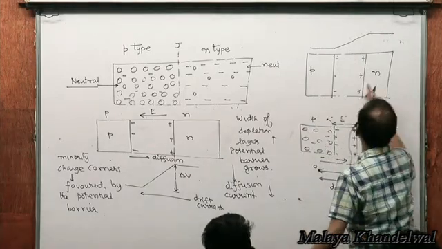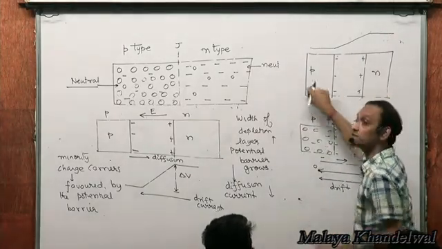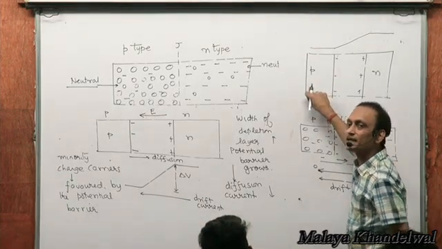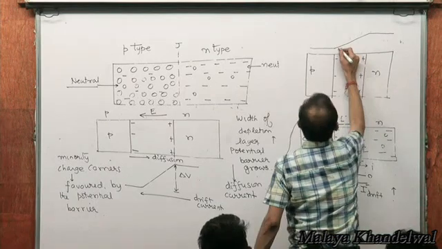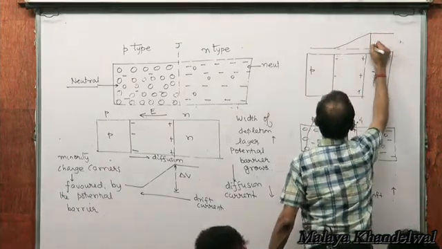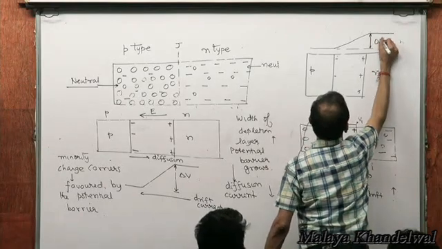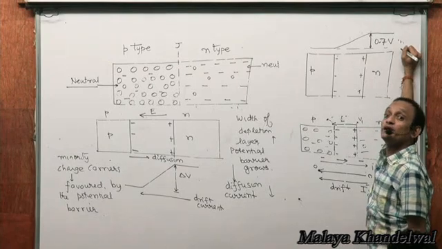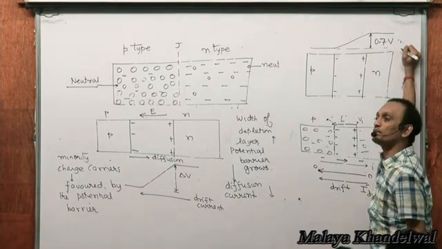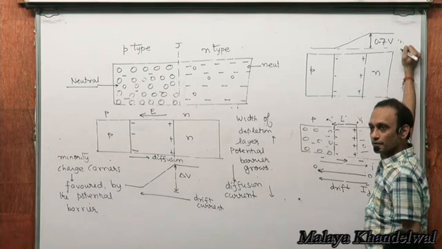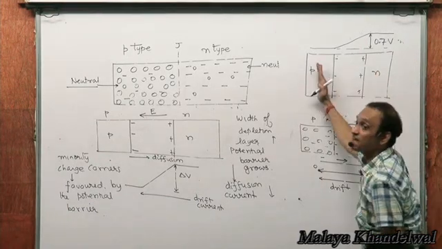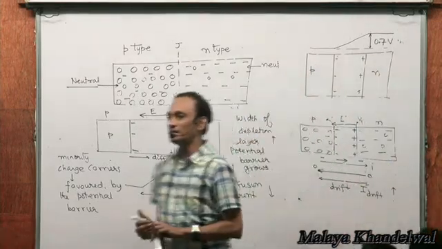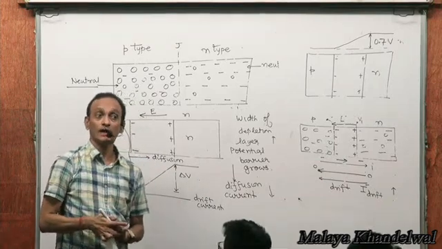This would be at a higher potential compared to this. Typically for silicon doped as P on one side and N on another side, roughly, this potential hill has a height of 0.7 volts. That's an equilibrium potential barrier. The N-type would be 0.7 volts higher than the P-type. That is what happens.